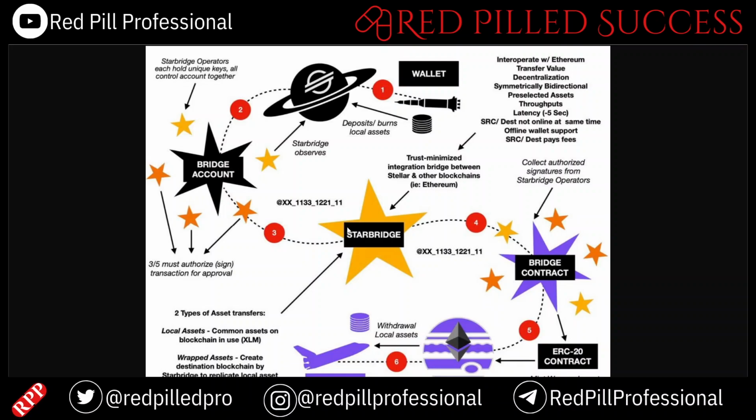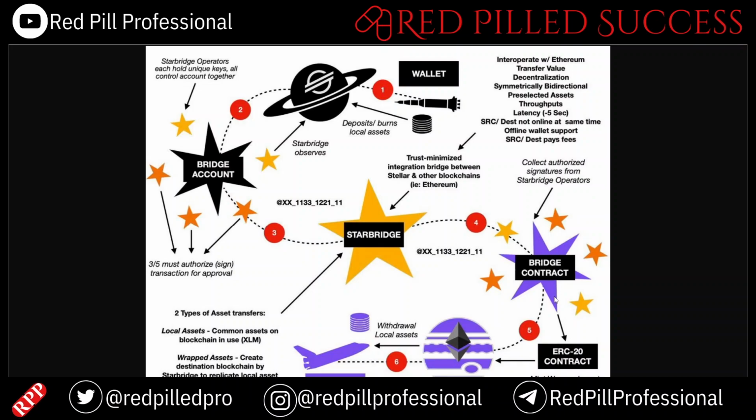So after we go through the bridge network in between these two, we have a contract which would collect authorized signatures from the bridge operators over here, which are represented by these shapes, which is a star, which of course, I don't have an issue on that word now, but 3 out of 5 must actually authorize it.